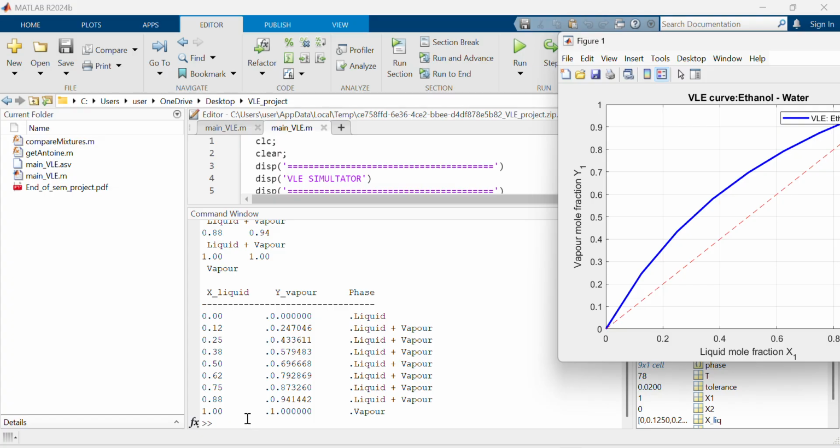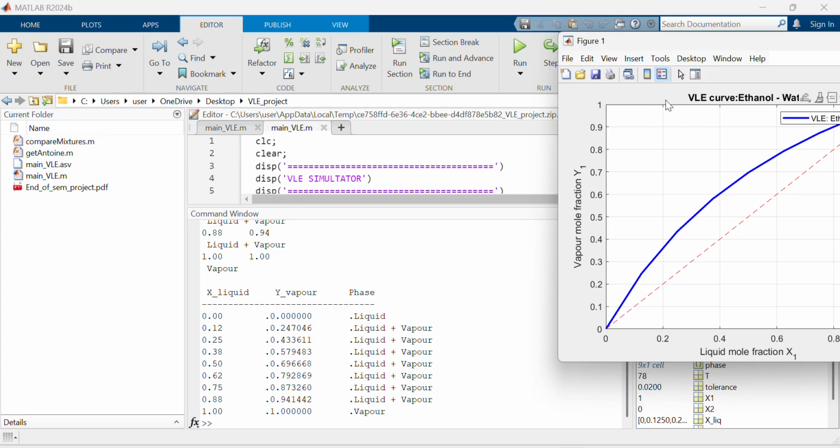Now, what happens if our component contains 100% of ethanol? That is, all the components inside are ethanol. Since the conditions that we have given are the saturation point of ethanol, we will have vapor. So the state will be vapor, and the vapor will contain 100% of ethanol.